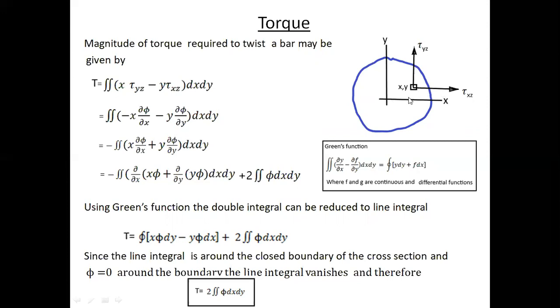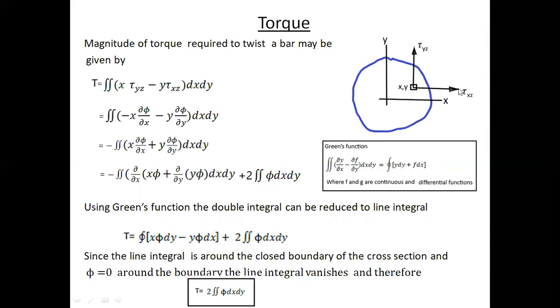So what is torque? Torque is force times distance. So what is the torque of this? Torque of this is tau yz multiplied by x. X is the coordinate distance. X times tau yz, and that is anti-clockwise.